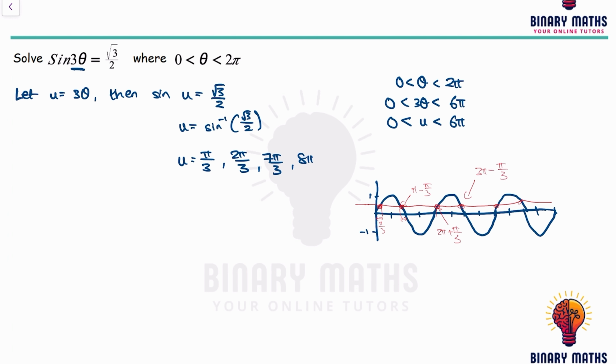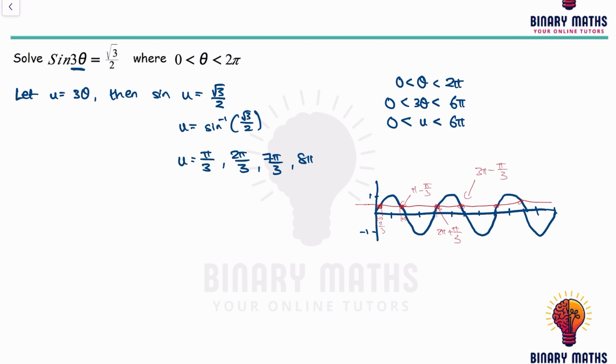This one must be 4 pi plus pi over 3, which is 13 pi over 3. And the last one here must be 5 pi minus pi over 3, which is equal to 14 pi over 3. So we've got 6 solutions.